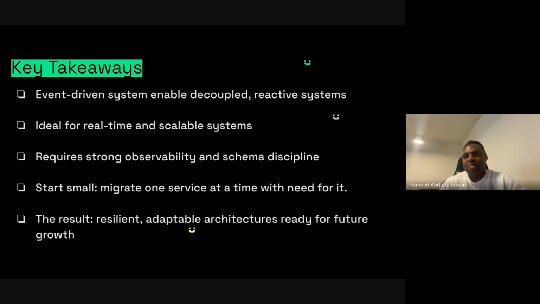So if you're thinking about a real-time system, either in fintech, e-commerce, or sports, where you want real-time data presented to your user, then you start thinking towards an event-driven system.